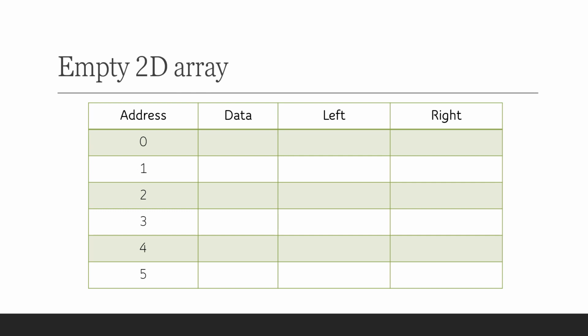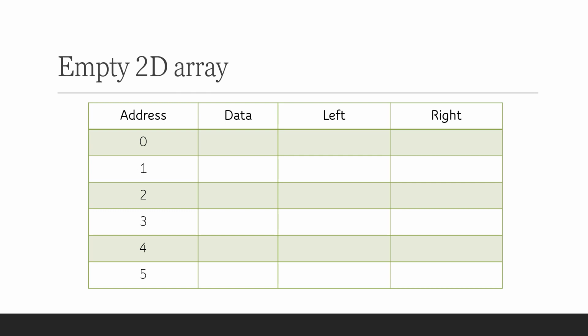Now, what if we wanted to store that information in a 2D array? You can see it's quite similar to the way that we stored a linked list, but instead of a pointer, we've got two pointers, and we typically call them left and right because they go off to the left and right of the node.